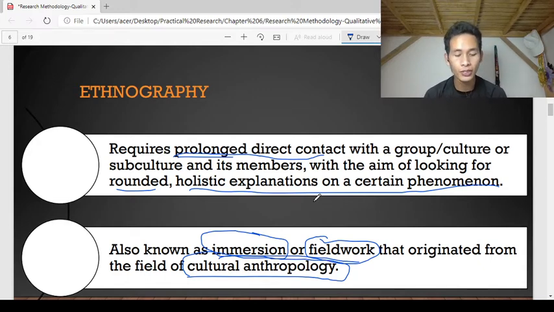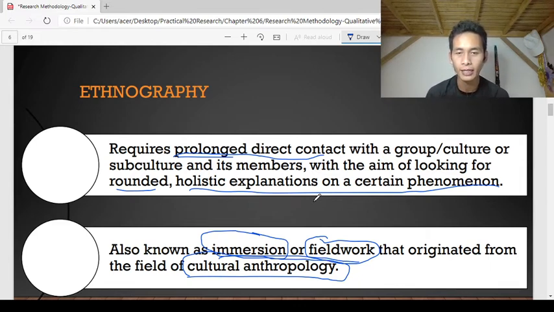So you yourself as a researcher, you personally experience, diba, their way of life, and then you personally experience their traditions, their customs, as well as their language, di ba?